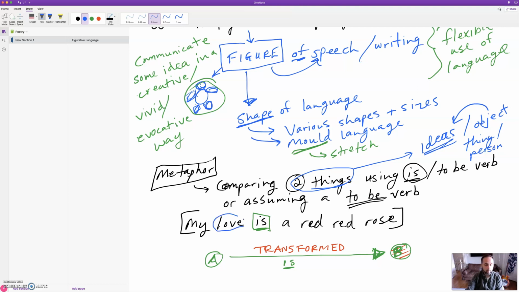So in this case, it's my love, right? So here is the idea, A is love, okay? So love is here. And what is it transformed into? Well, it's transformed into a red, red rose.